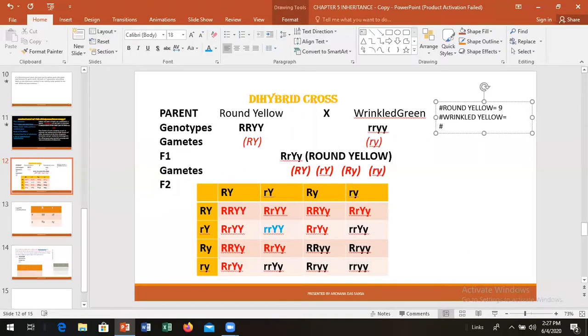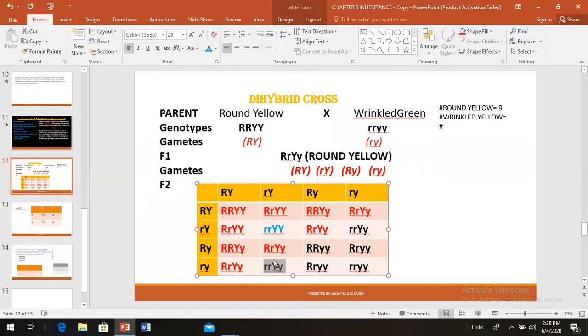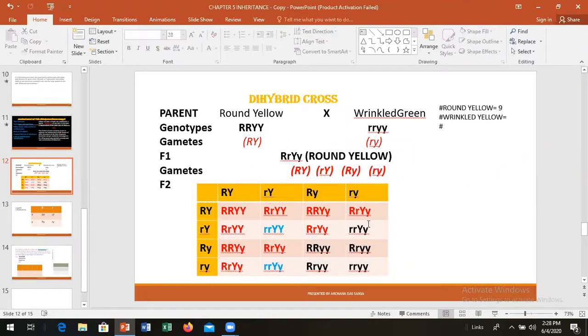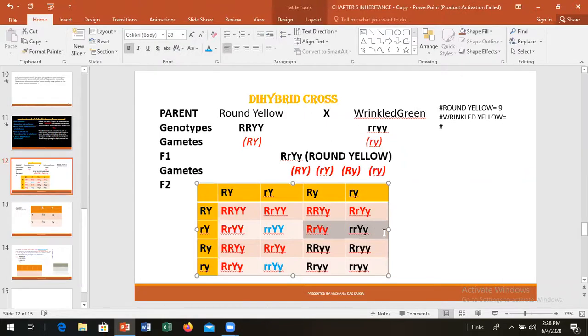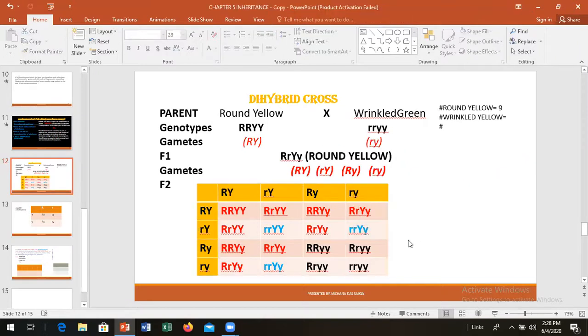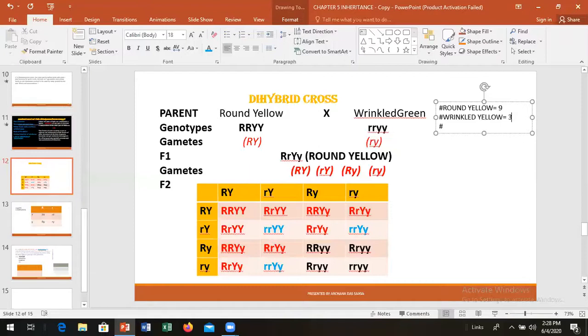Okay, so let us count wrinkled yellow. Here it is one wrinkled yellow. Here another. Here we have the next type of wrinkled yellow. Then one more we have here, wrinkled yellow. So how many wrinkled yellow did you get? 3. Now let us see the other character.